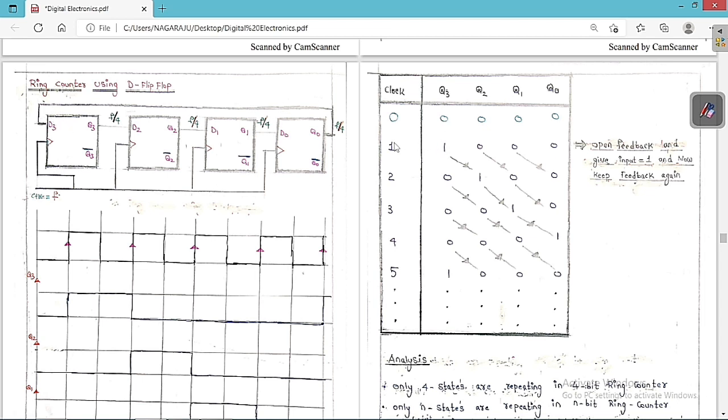When I give the clock, the first flip-flop is going to have 1. Then this 0 comes here, this 0 comes here, this 0 comes here.